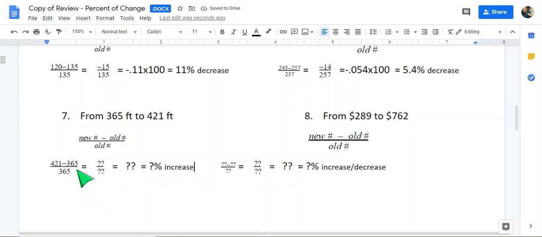So let's do this. 421 minus 365. It's going to give me 56. And then I keep this at the bottom, 365. The old number goes on the bottom. Okay, that's a good way to remember this.